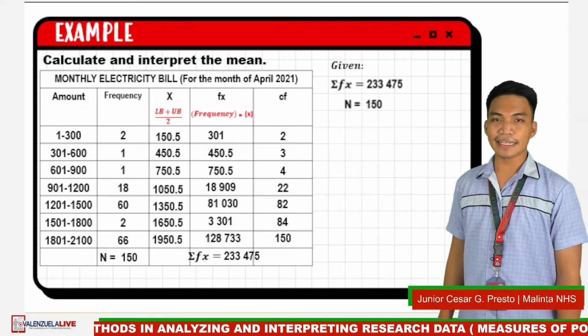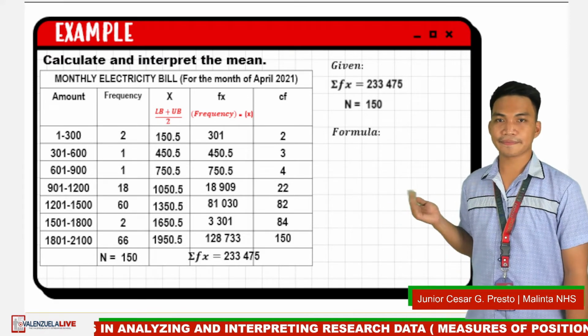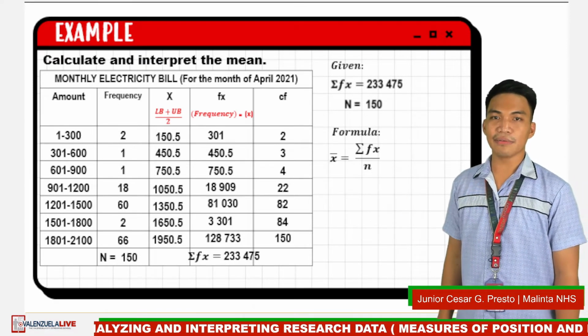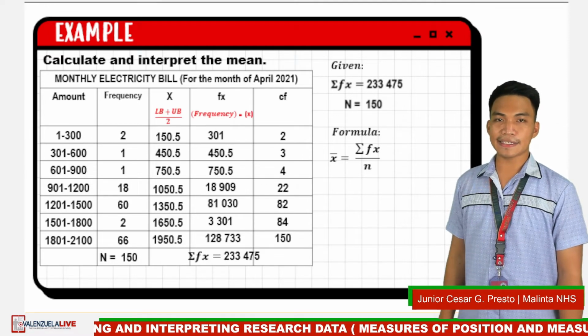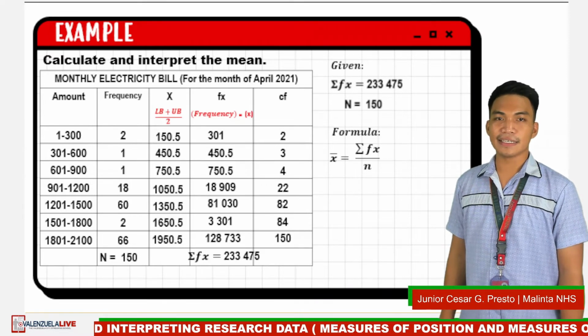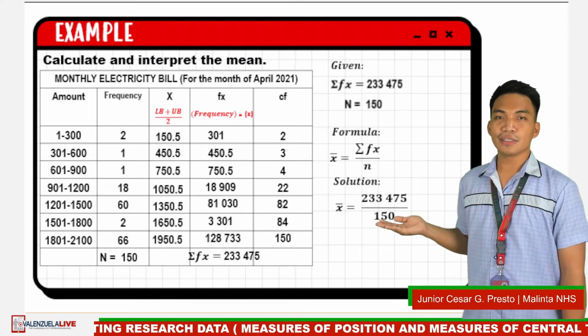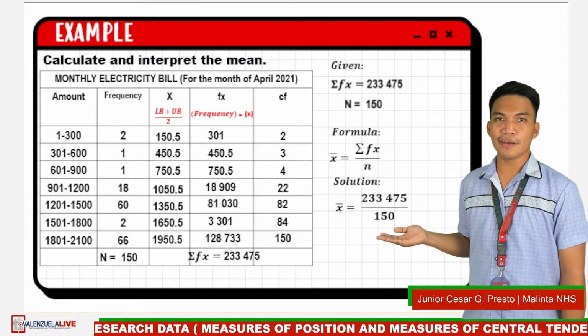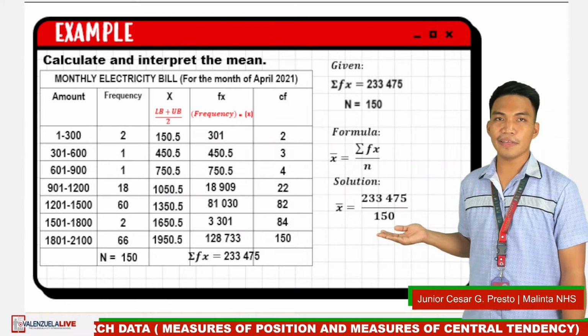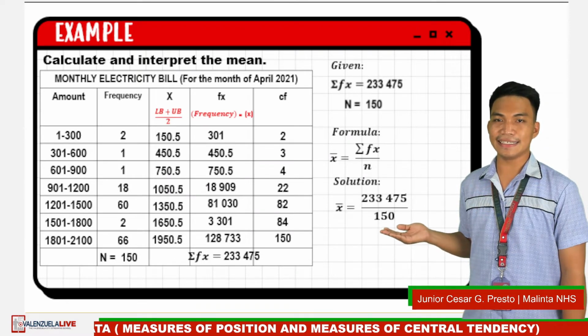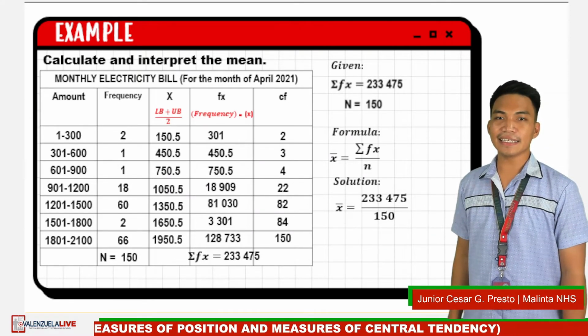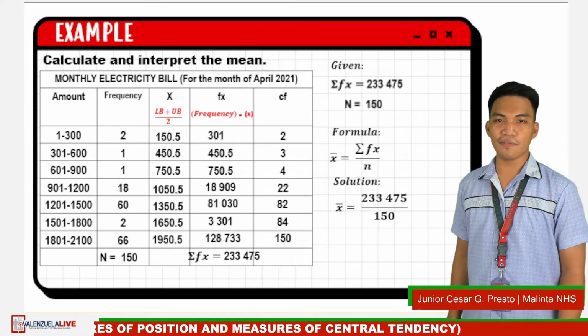Next, write the formula. X bar equals summation of fx over n. Substituting, we will get x bar equals 233,475 divided by 150.